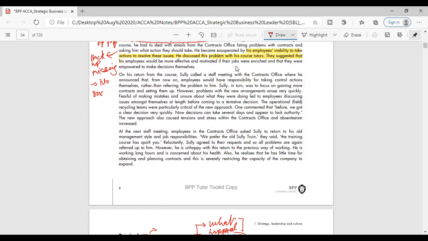On his return from the course, he called a staff meeting with the contract office and said that from now on, employees would have responsibility for taking control actions themselves. Okay. Change in behavior.